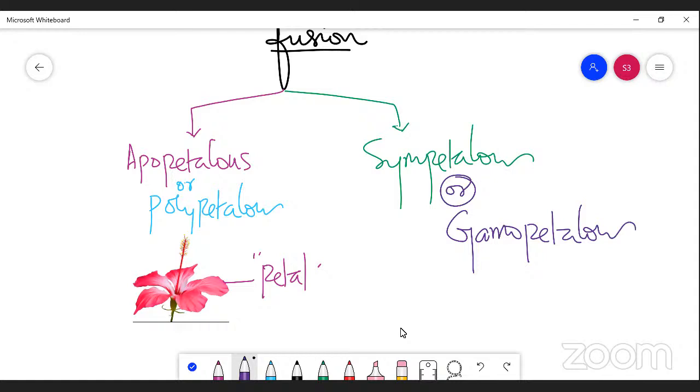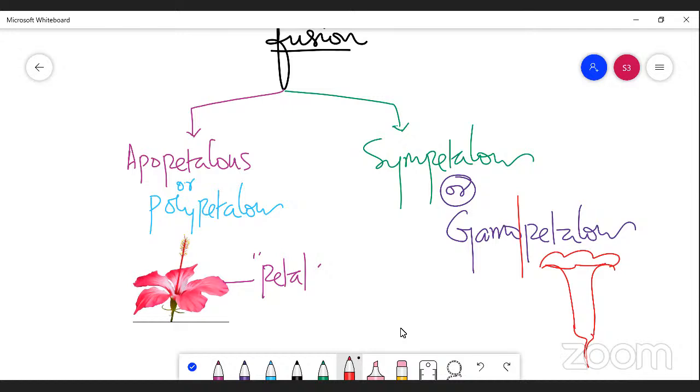Gamo means union, petalous means petal. That means the petals are fused at the base, or throughout the limb. If you take any flower in which the petals are fused at the base or throughout the limb, this is called gamopetalous.